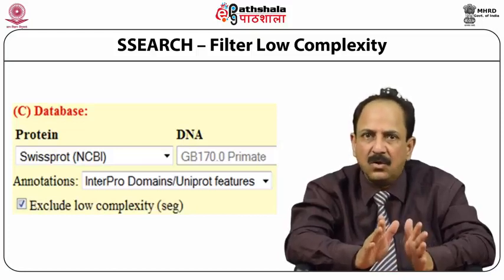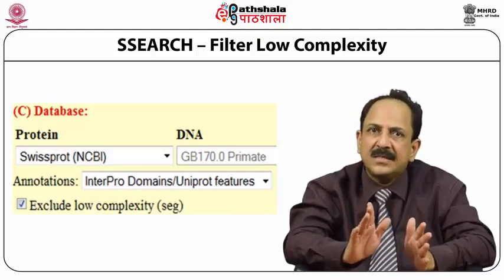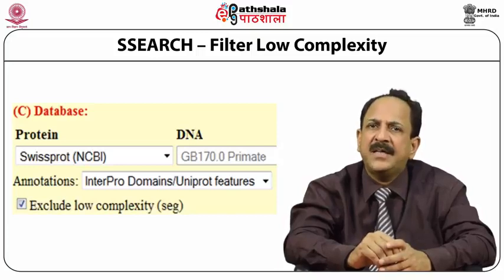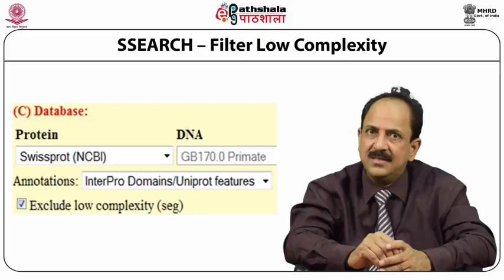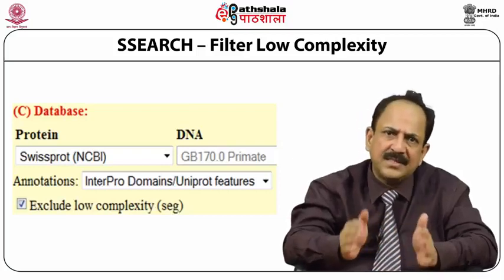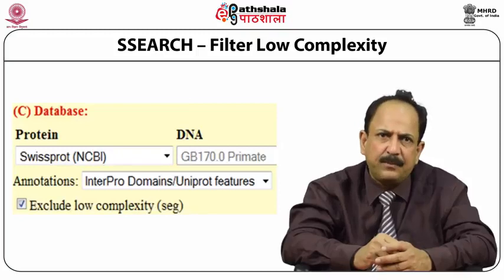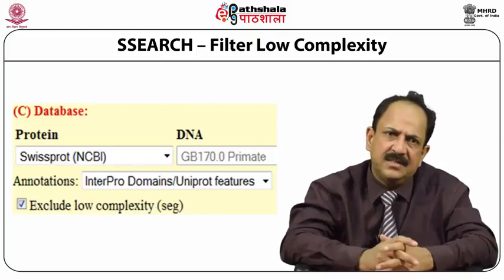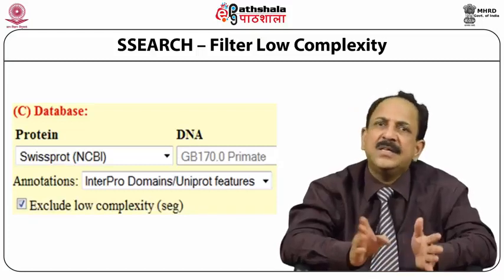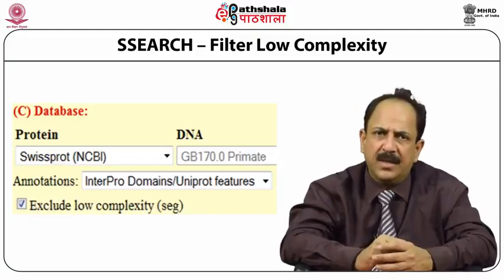Such regions of sequences could spuriously obtain extremely high match scores. For this reason, the search program may automatically remove such sections in the proteins, replacing them with the unknown amino acid symbol X using the SEG program.